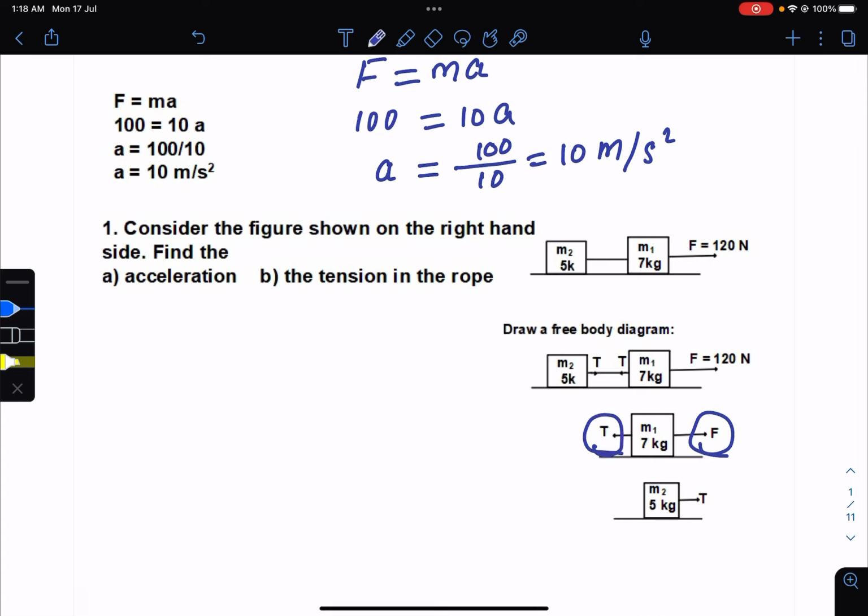The applied force is pulling the object forward to the right, and the tension is a resisting force in this case, which is preventing the block from moving to the right. And now, if the force is bigger than the tension in the rope, the body can move, otherwise it can't.